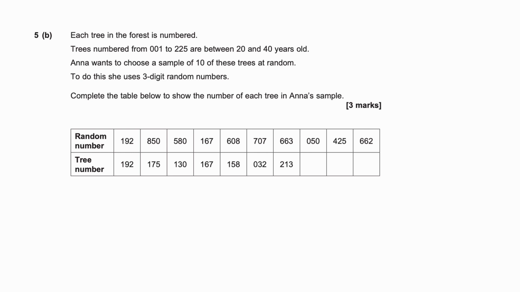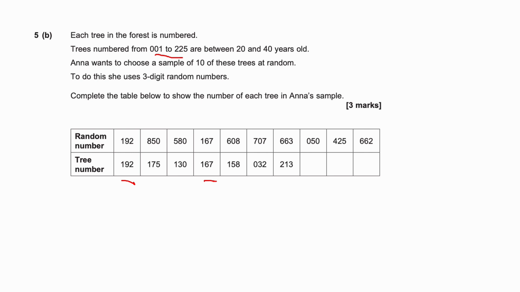So you might have spotted that if the number is less than 225, like here, it's going to be the same. 167 is the same. I think they're the only ones. Because we've only got trees 1 to 225, if the number generated was 226, we're going to go back to tree 1 again.